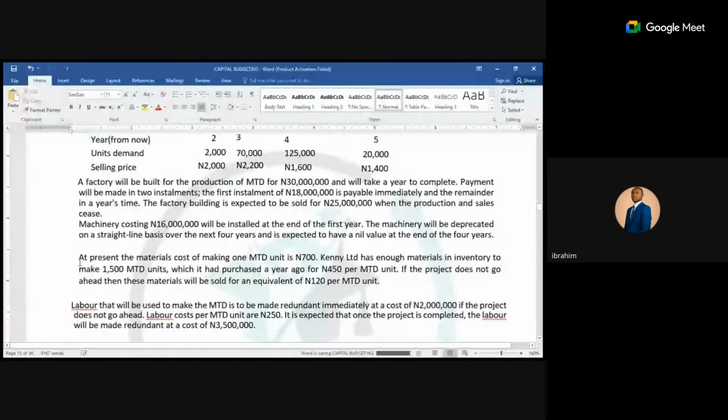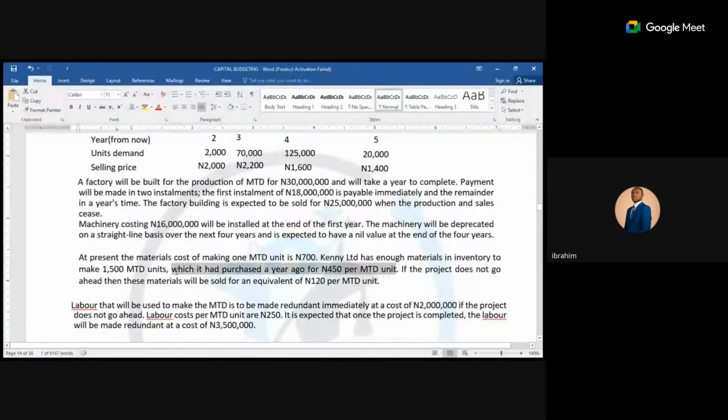So at present, the material cost of making MTD units is 700 naira per unit. Penny Limited has enough material in inventory to make up to 1,500 MTD units, which it had purchased.